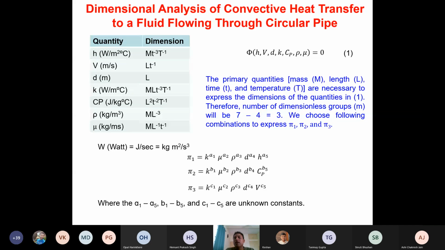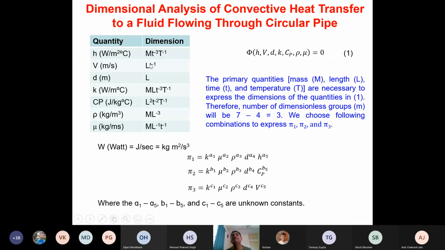Now, this is the first step: we have identified that V, D, K, Cp, rho and mu are the quantities on which h is dependent. Now we have to find out how many dimensionless groups we require in this case. If you look at the dimensions, mass is present, time is present, temperature is present, L is present, so only four primary quantities are required.